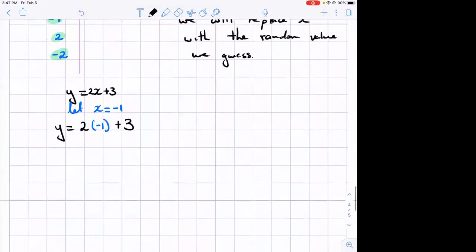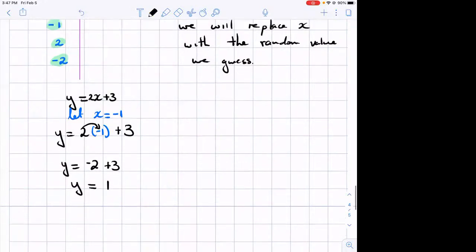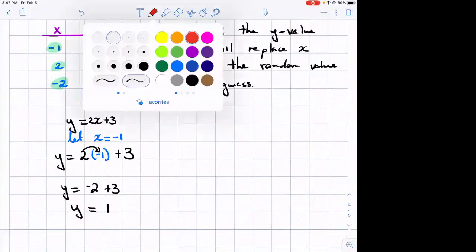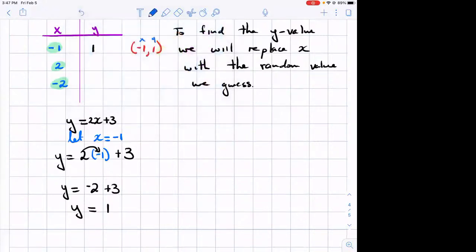Simplifying this, we have y equals -2, because 2 times -1 is -2, plus 3. Therefore, y equals 1. So this point here is 1. And notice now we have an ordered pair, -1, comma 1. Okay, because this is our x, and that's our y.